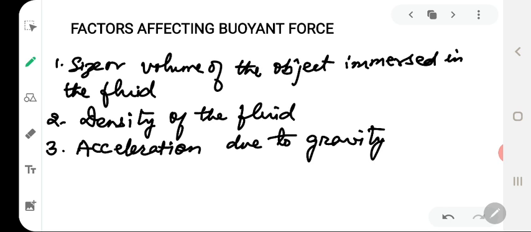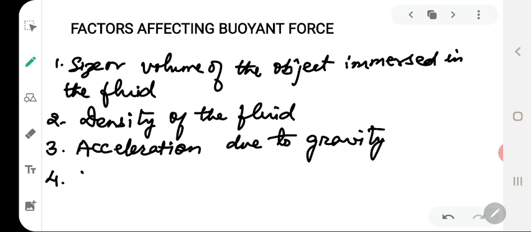So it is directly proportional to the acceleration due to gravity of that place. A body immersed in the same liquid will experience lesser buoyant force on the moon than on the earth, because the acceleration due to gravity on the moon is less than that on the surface of earth.